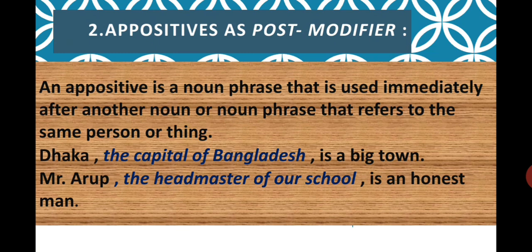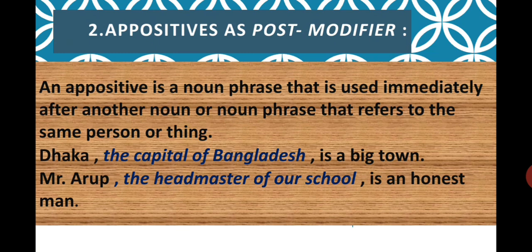Mr. Orup, the headmaster of our school, is an honest man. Here, Mr. Orup is a noun. The headmaster of our school is a noun phrase. This noun phrase comes just after the noun Mr. Orup.